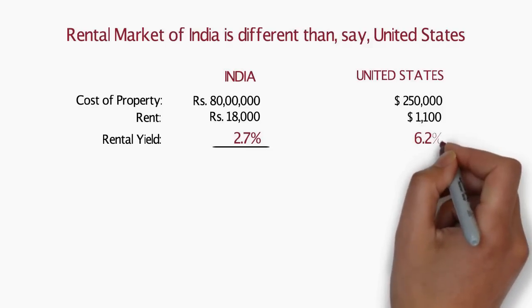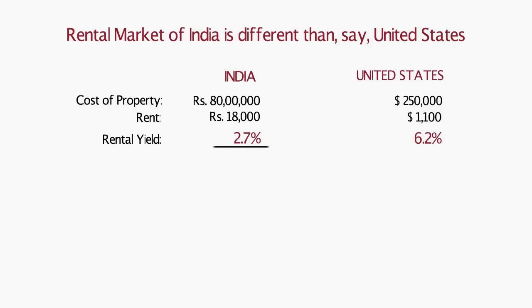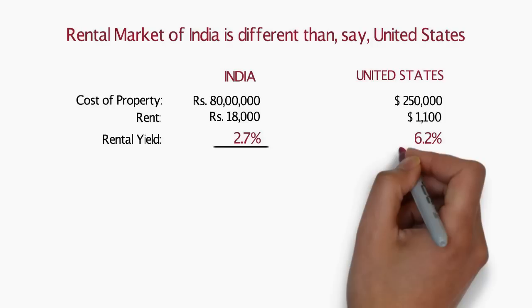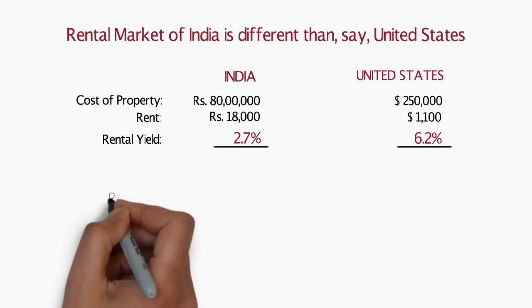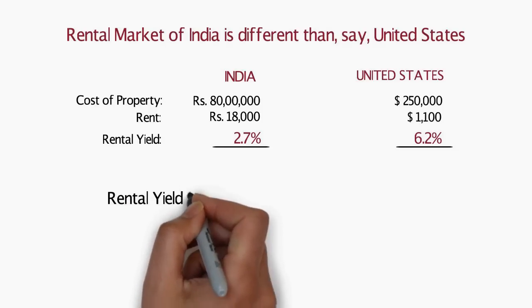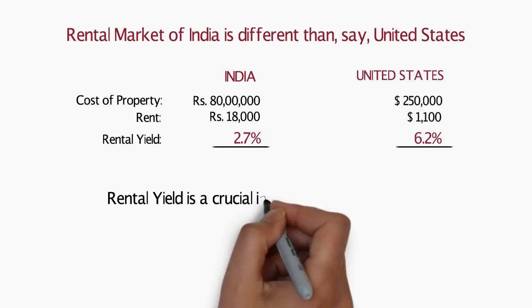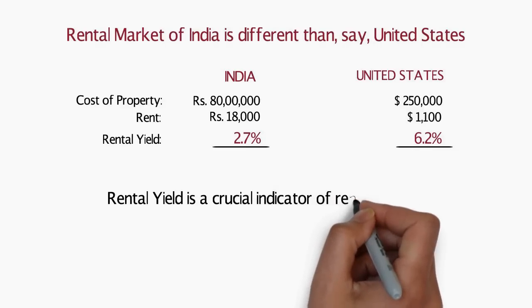So what do we have here? We have on one hand a rental yield in India, in the city of Noida, hovering around 2.7%, while in the United States the rental yield is around 6.2%. It is not a small difference. We are talking about a good 3.5 to 4% difference here.